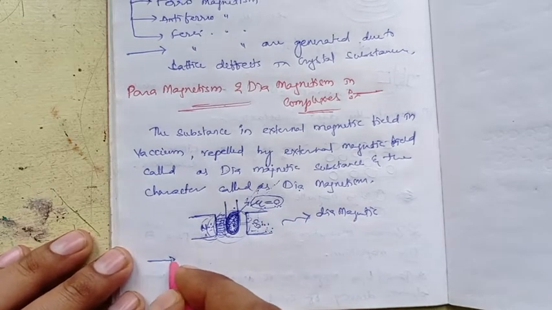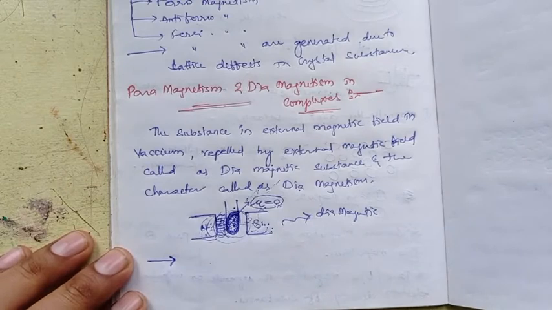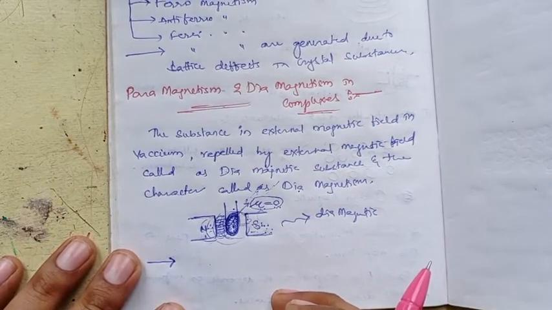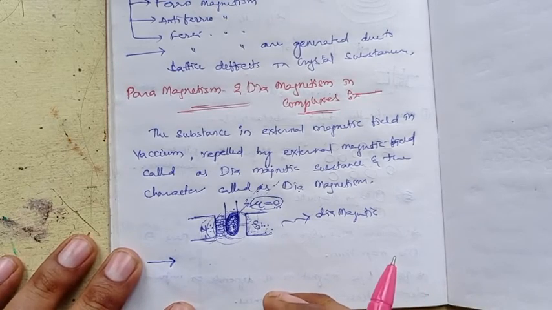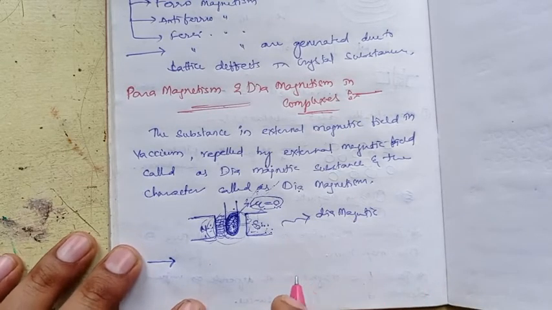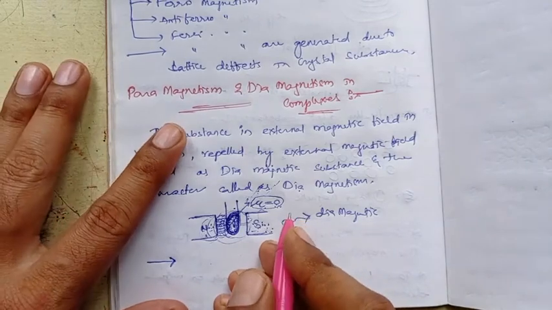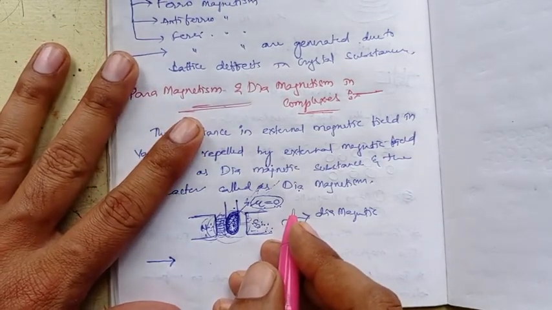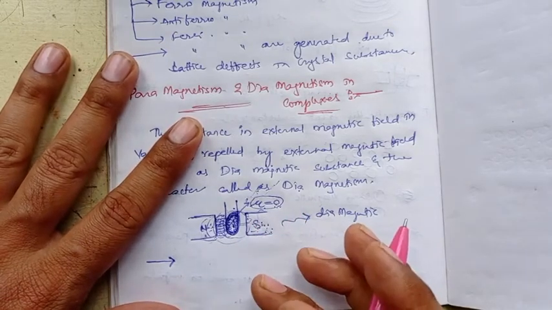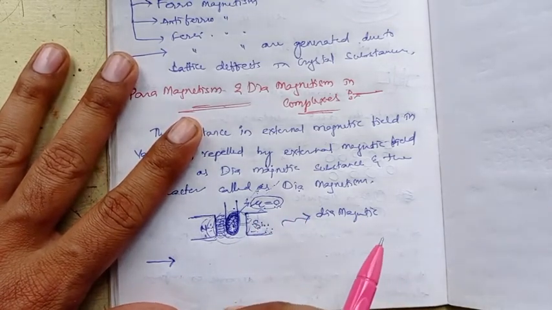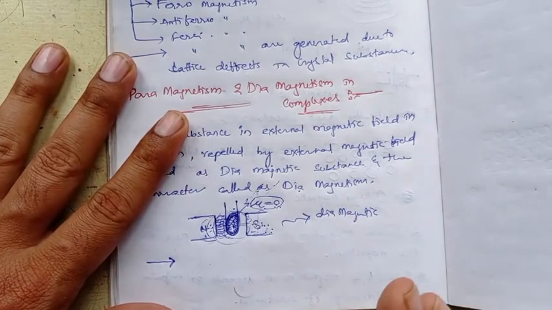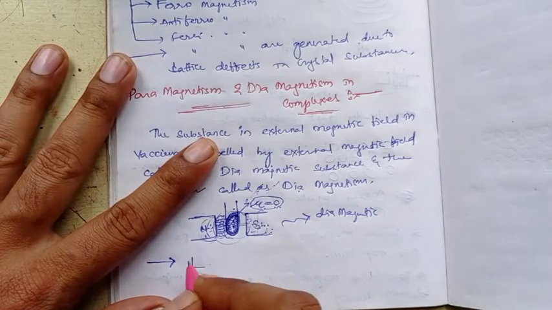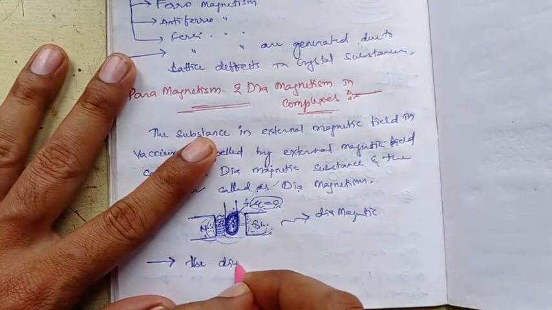I told you that diamagnetism and paramagnetism depend upon the unpaired electron density in the substances, right? Here the diamagnetic substances will have zero unpaired electrons, which means all the electron density in the diamagnetic substances will be in paired form.